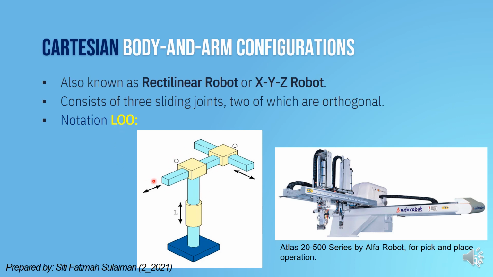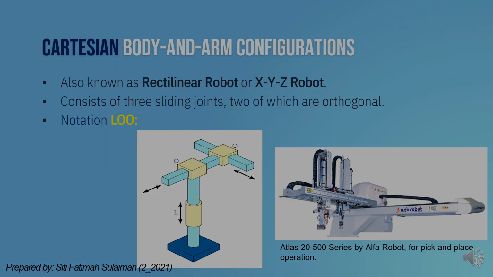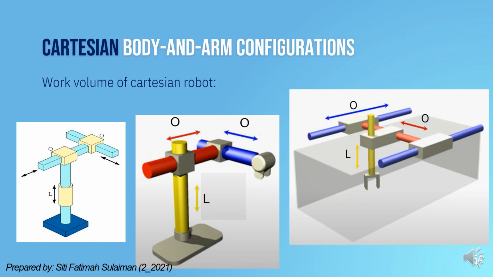So this robot consists of type L, type O, and type O joints. The Atlas 2500 series by Alpha Robot, which is used for pick and place operations, is one of the Cartesian robots often found in industry. A Cartesian robot produces a rectangular work envelope, as you can see.